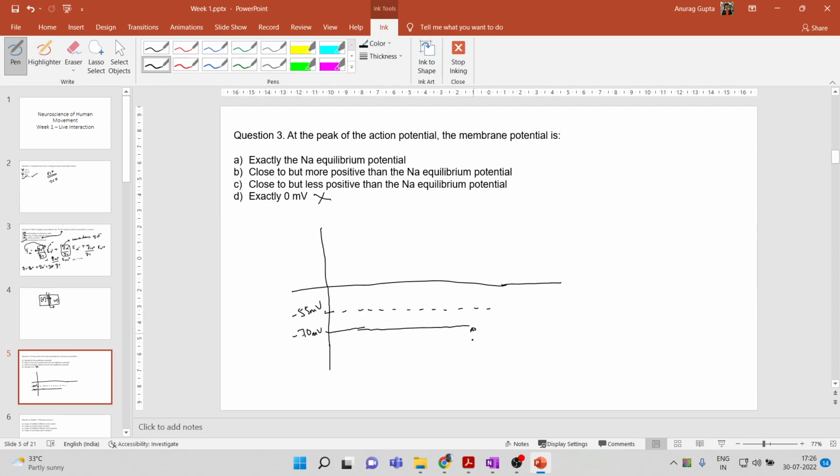Now let us just draw an action potential here. So this is minus 70 millivolts, minus 55 millivolts is the threshold, and so when the stimulus is applied, if the graded potential reaches the threshold, then an action potential is generated, and then this happens. And this is 0 millivolts.